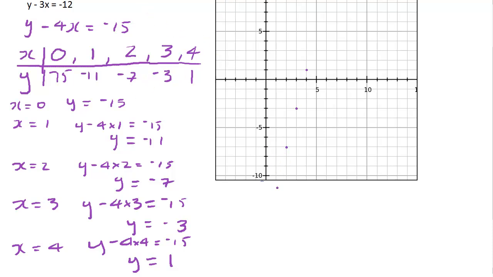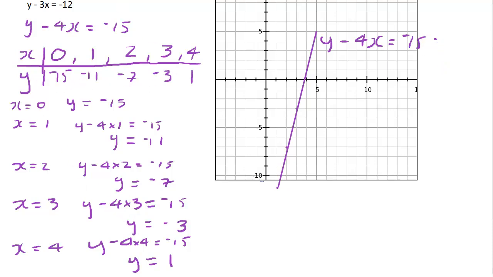So let's try and draw a line through those. I'm just going to get my line drawn, making sure it goes through all the right points. Okay, and there's our line. This is the line y minus 4x equals minus 15.